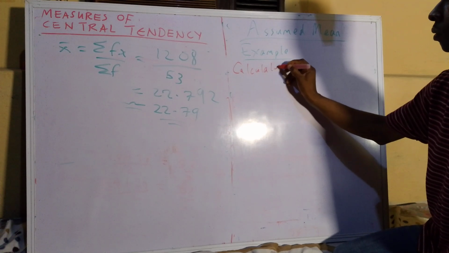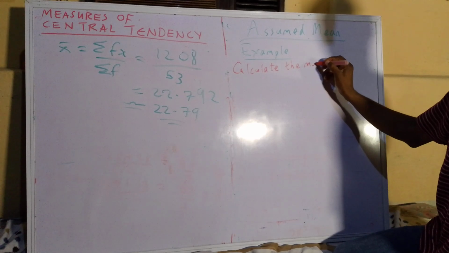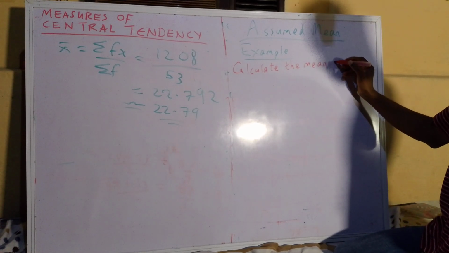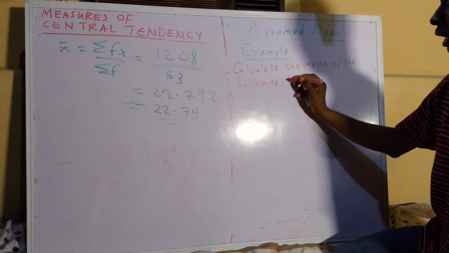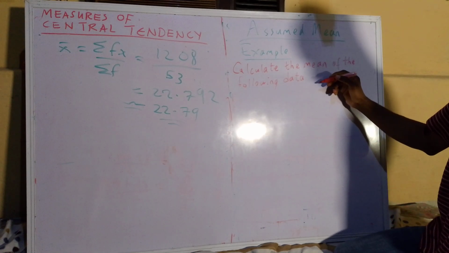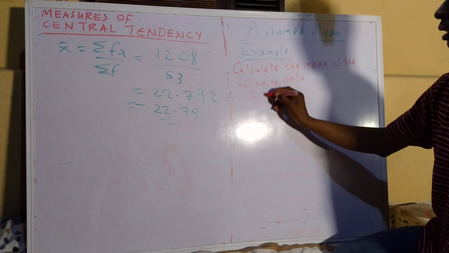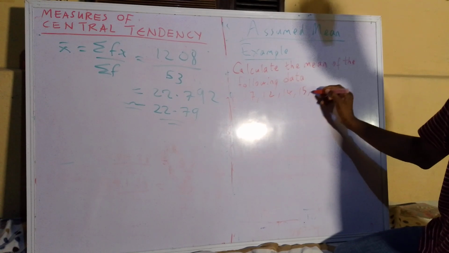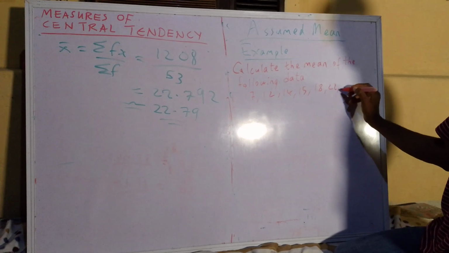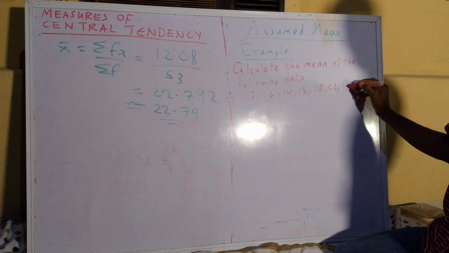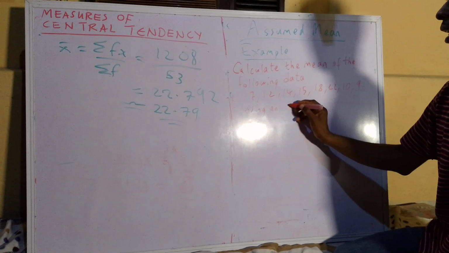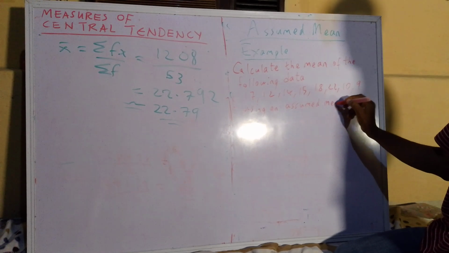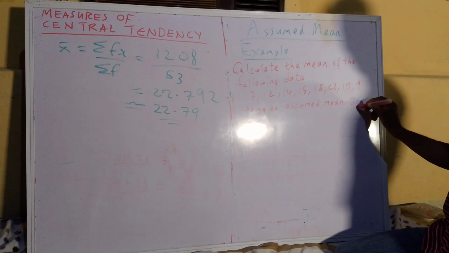Calculate the mean of the following data: 17, 12, 14, 15, 18, 22, 10, 9, using an assumed mean of 18.